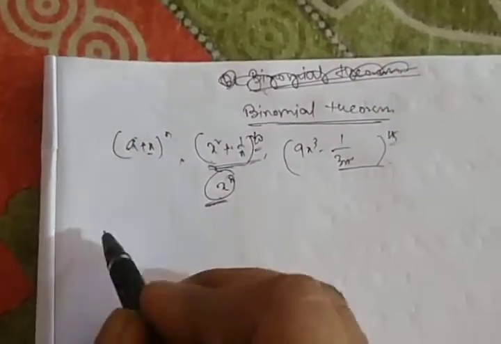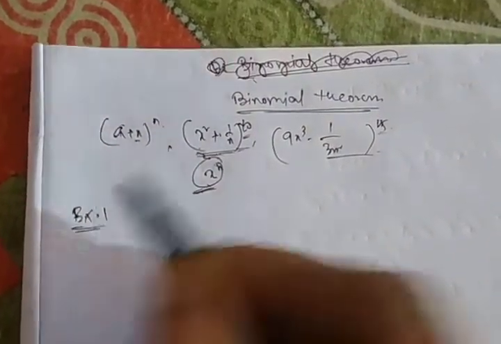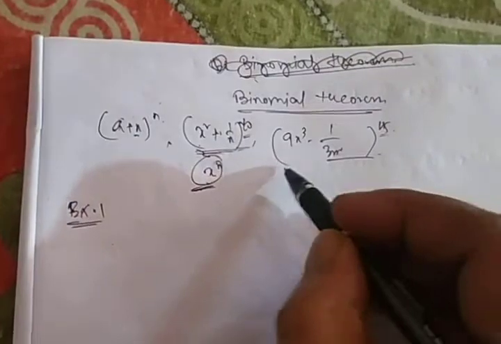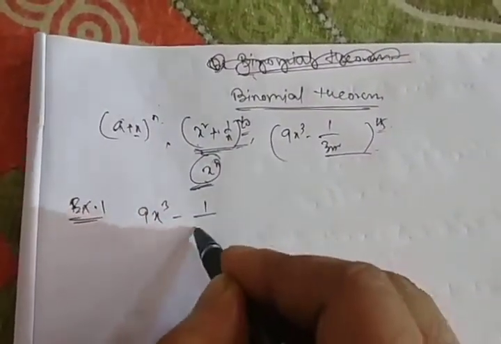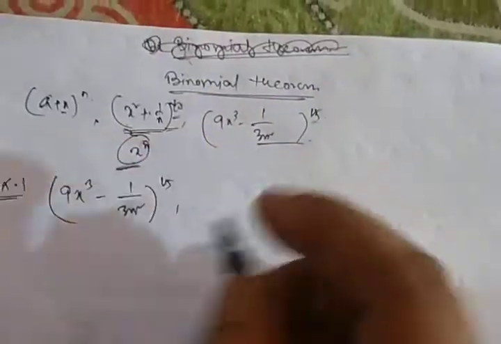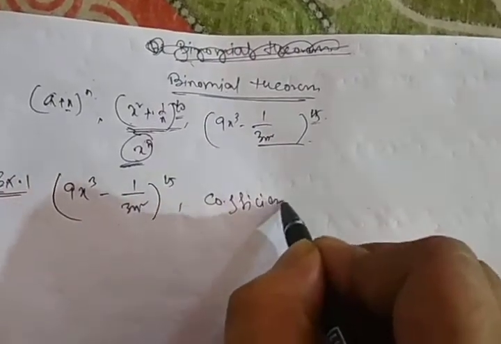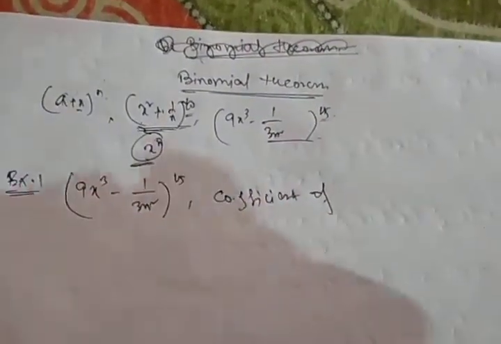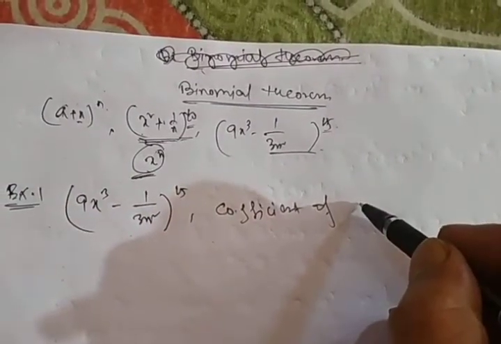Let's say, now one question, we will explain it as an example. Here is given (9x cube minus 1 by 3x square)^15. We have to find the coefficient of x to the power 10.